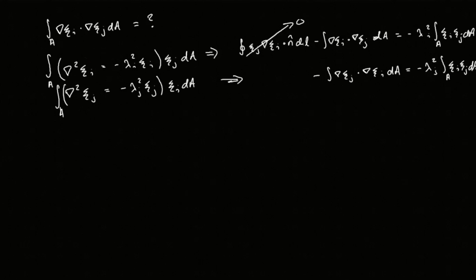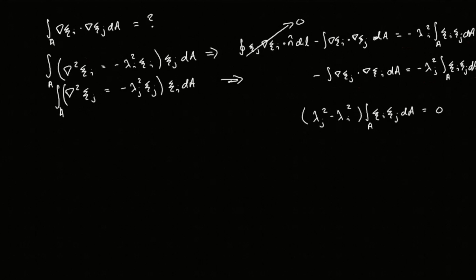And if I subtract these equations from each other, so if I take this equation, subtract this equation, what I'm left with is lambda j squared minus lambda I squared area integral Ci Cj dA has got to be 0.